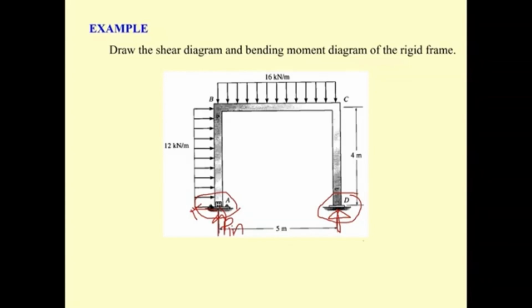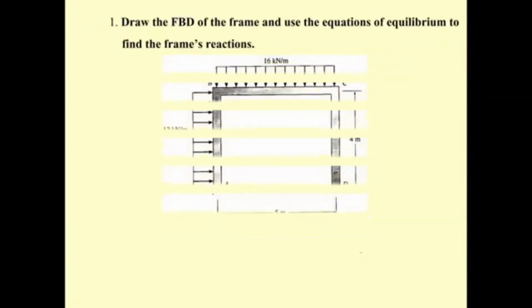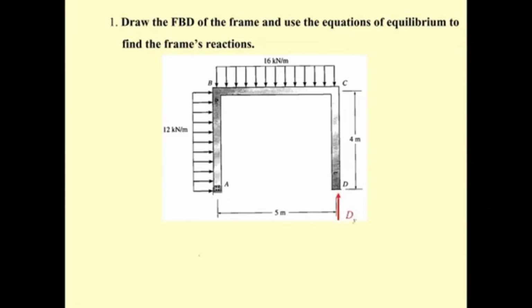By doing that, we will draw the free body diagram, and then we will use the equations of equilibrium. We take the frame out of the support, and then we put the reactions in according to the support. At D, we have D sub y because it is a roller, and at A, we have A sub y and A sub x because it is a pin. So we start by summation of moments at A equal to 0.